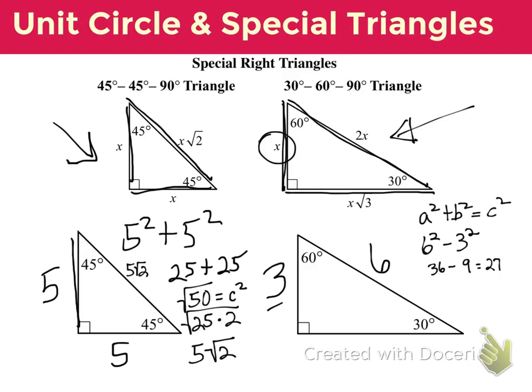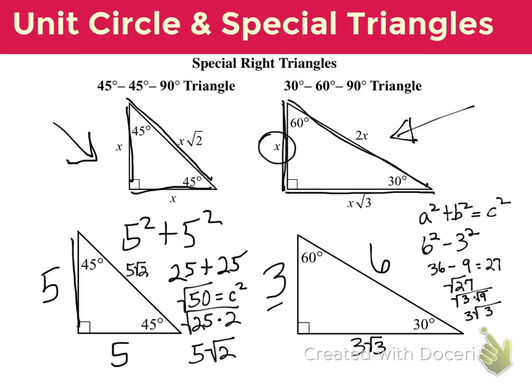And when we take the square root of 27, which factors to 3 times 9, 9 being a perfect square, the 3 will remain inside and the 3 from the 9 will in fact come out. So we do prove that the long side is 3 square root of 3.